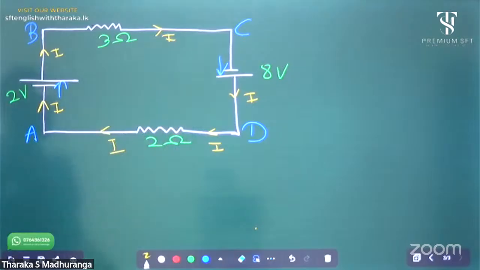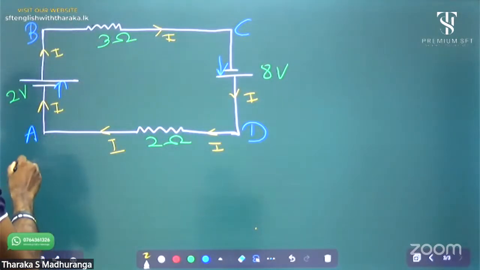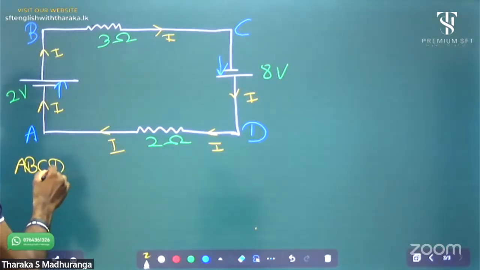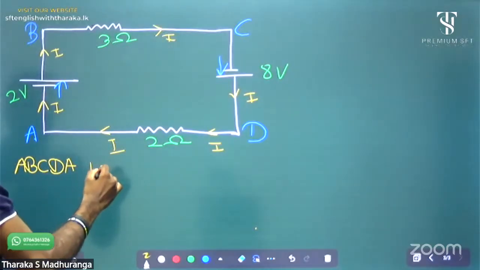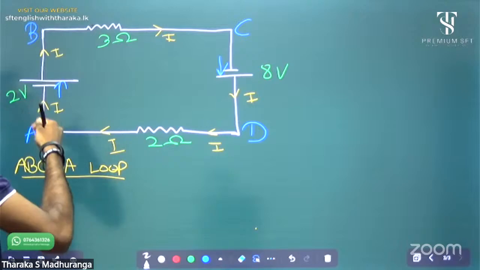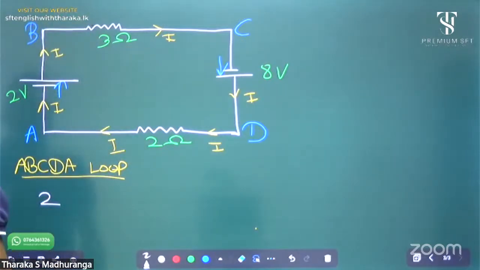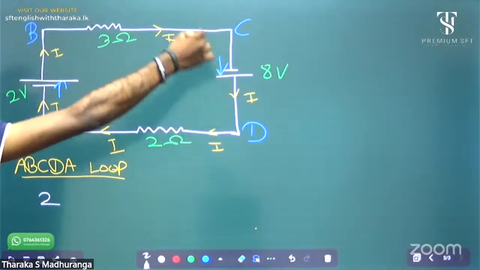It circulates like this. Now I'm going around the A, B, C, D, A loop, a complete or closed loop. I'm going to A. My direction and EM force direction are the same, with no other batteries, just 8 volt.